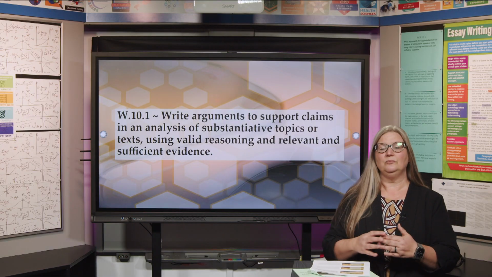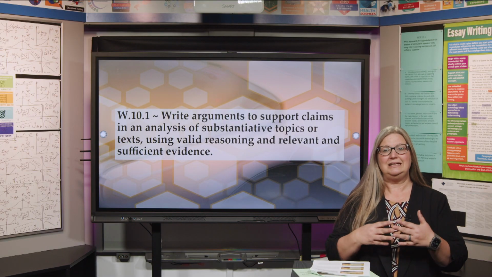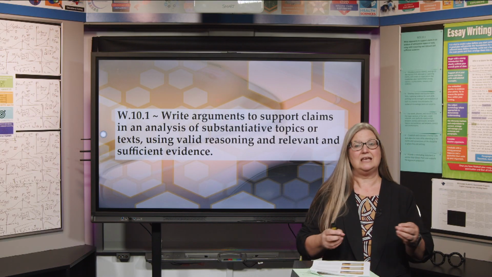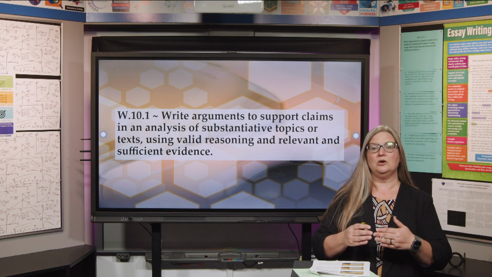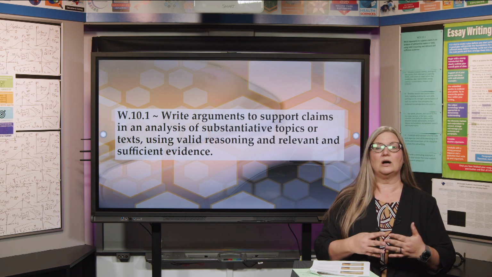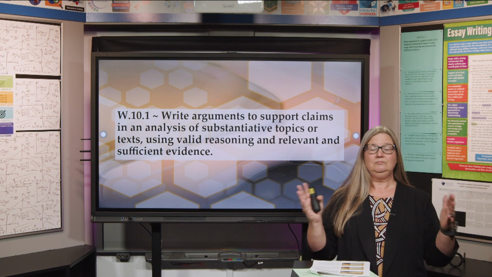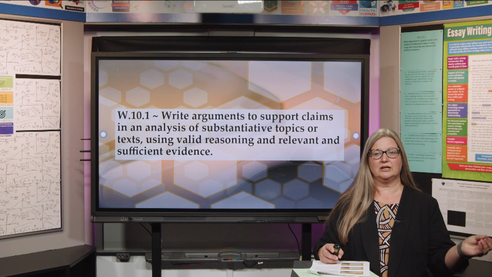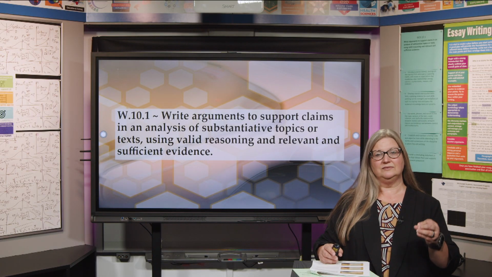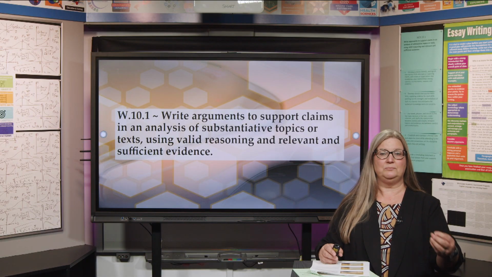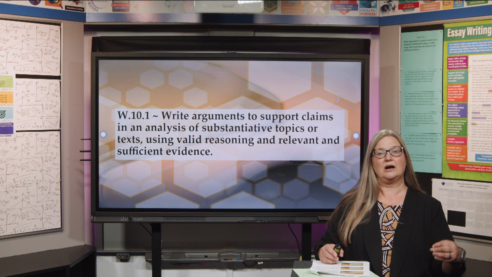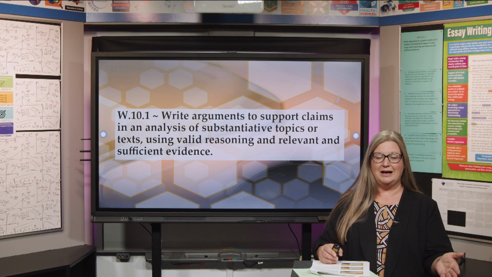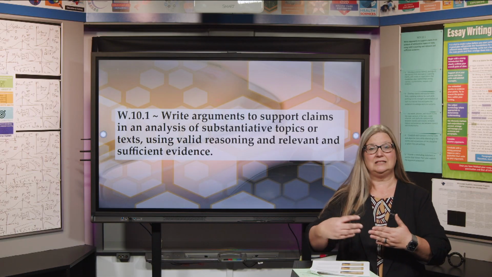So, in order to meet the standard, it needs to be a matter that's important to those who will read it or important to the community as a whole. As we talked about earlier in the week, this idea of lab-grown meat is of great importance because you should be aware of what you're putting into your body. So it is a substantive topic.